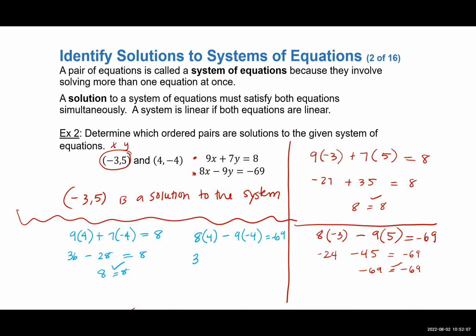So I get 32 plus 36. That does not equal negative 69. So 4, -4 is not a solution. Even though it worked in one of them, it didn't work in the other one. Does that make sense? Yes. Okay, cool beans.